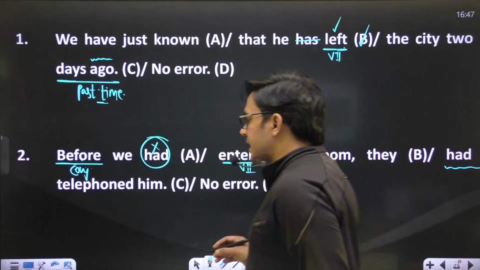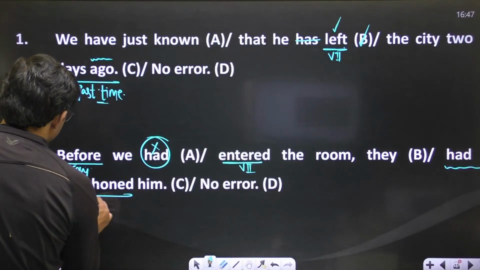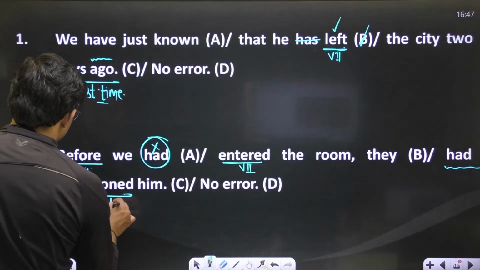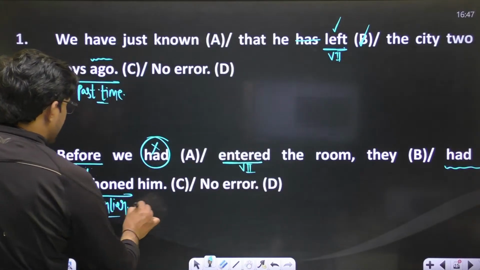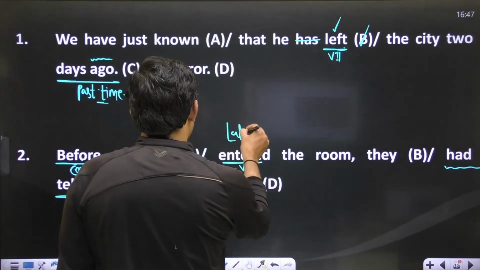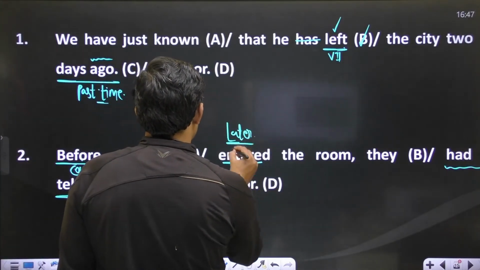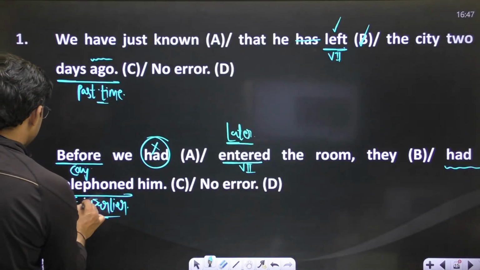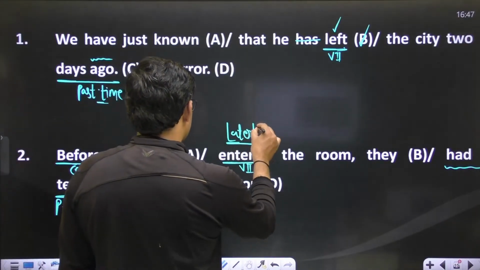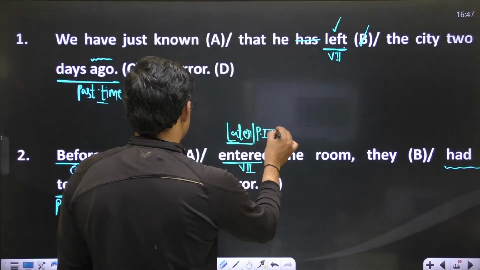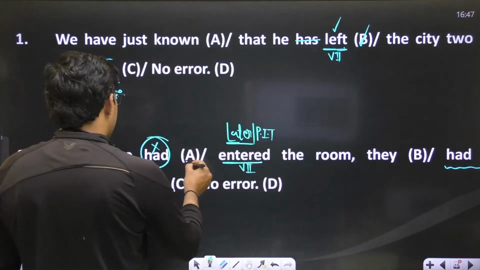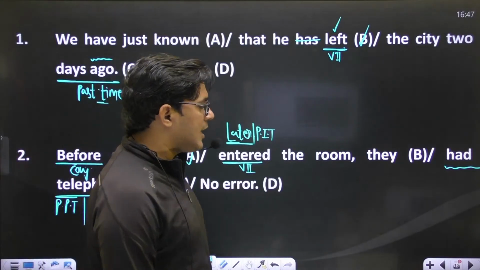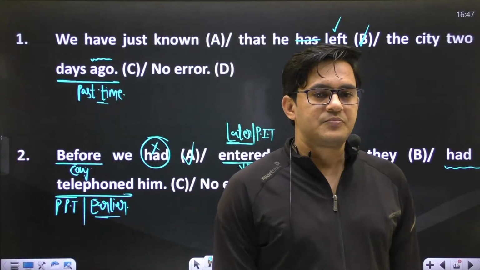This "they had telephoned" happened earlier in the past, right? And this happened later in the past. So this is the concept, and you have an error in part A.